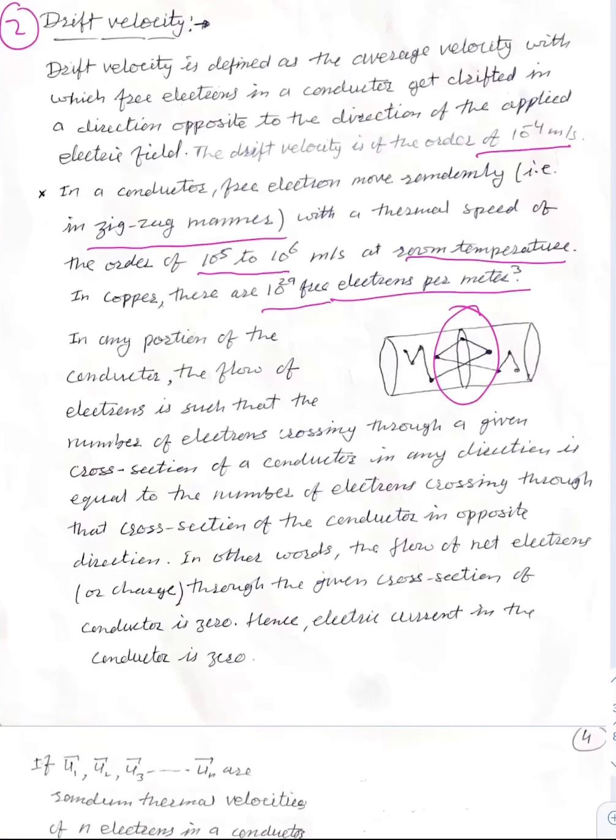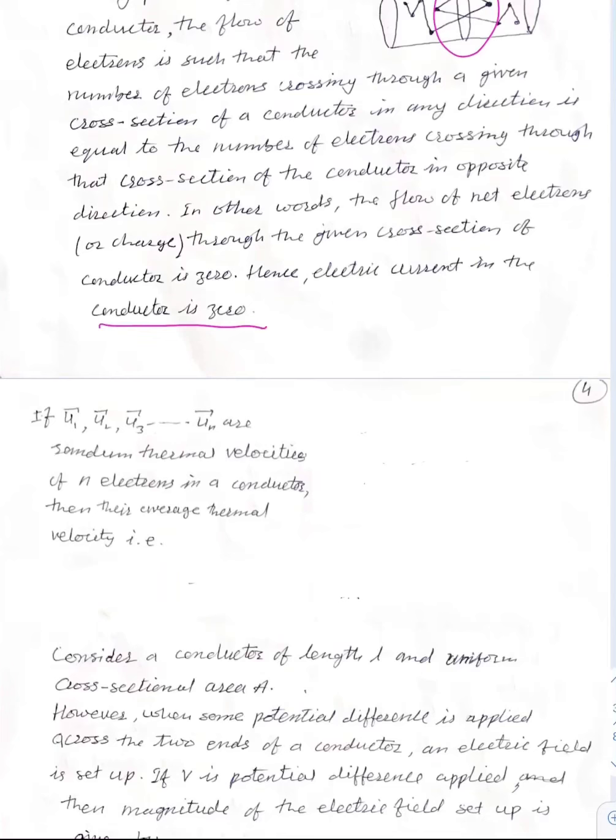See in the figure. In other words, the flow of net electrons or charge through the given cross section of the conductor is zero, hence electric current in the conductor is zero.